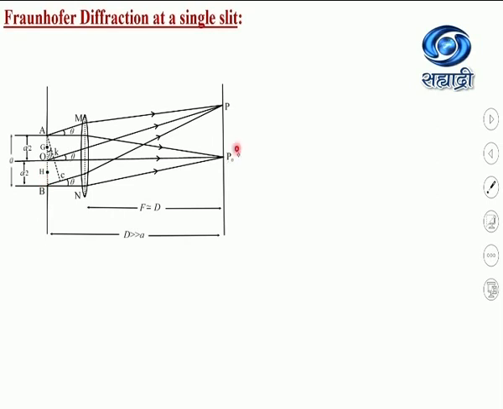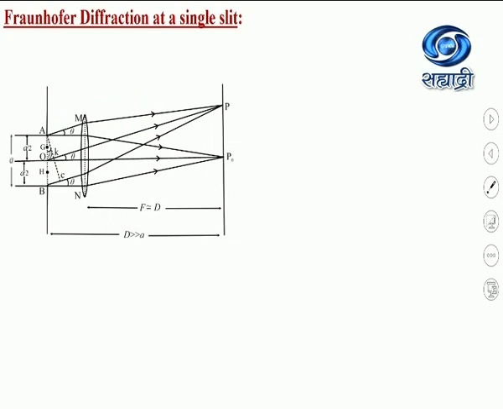We have seen the condition for P naught, which is the central maximum or central bright point obtained on the screen. Now let us consider point P on the screen. When we consider different rays or different waves originated from different slit elements of AB, when they arrive at point P, they cover different optical paths.